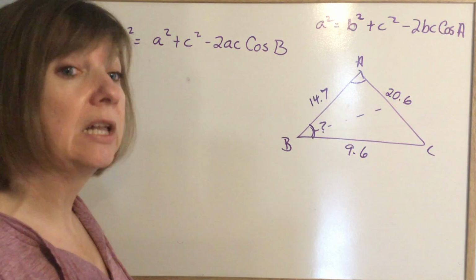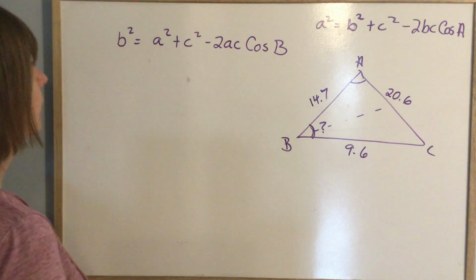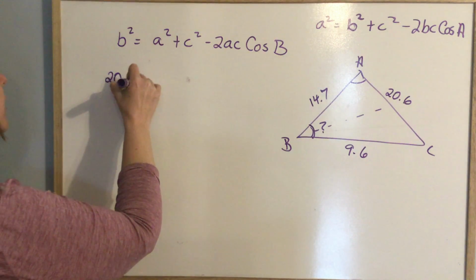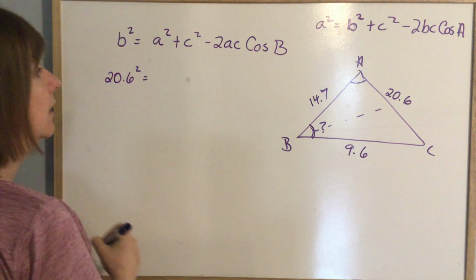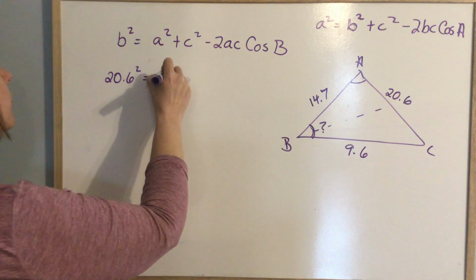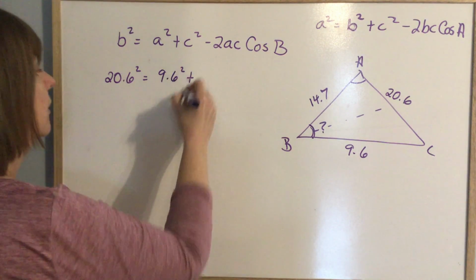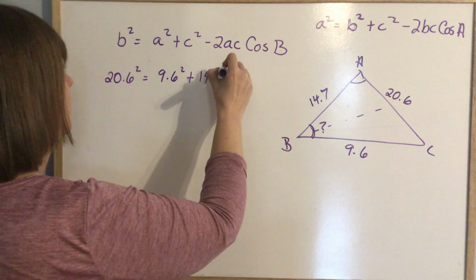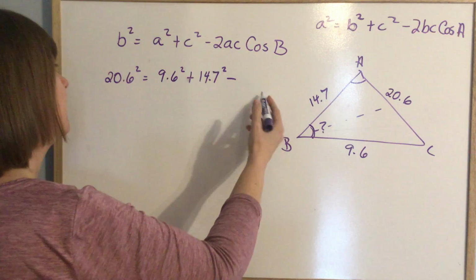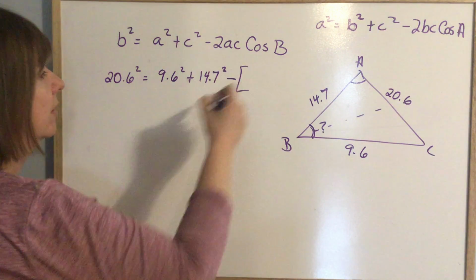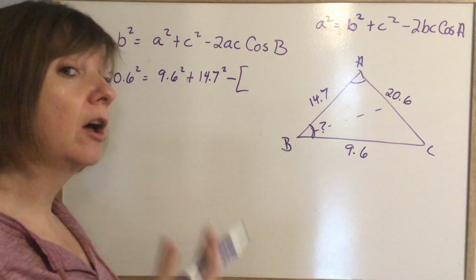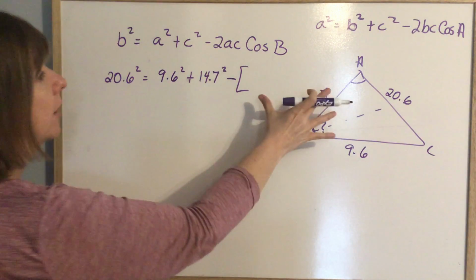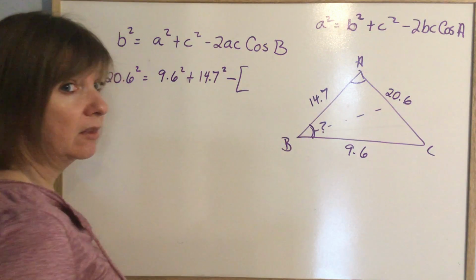I would now fill in what I know. So side b is 20.6. So 20.6 squared is equal to a squared, which would be 9.6 squared, plus c squared, which is 14.7 squared, minus, and again, I have a tendency to put brackets here just to remind myself that everything from here on is one giant piece stuck together.